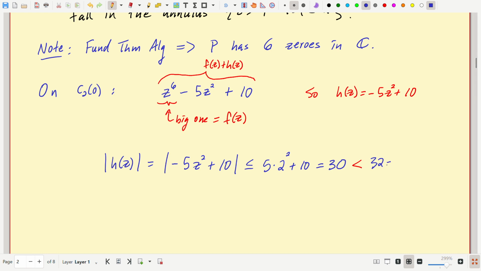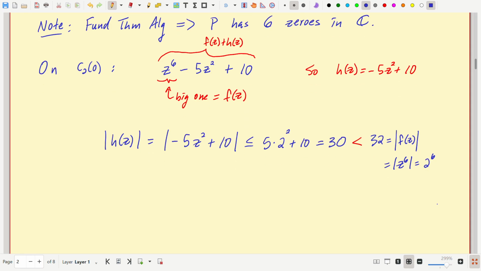32, which is the modulus of f of z, which should be the modulus of z to the 6. That would be 2 to the 6, which is 32. So sure enough, that shows that all 6 of the zeros, f has 6 zeros inside.